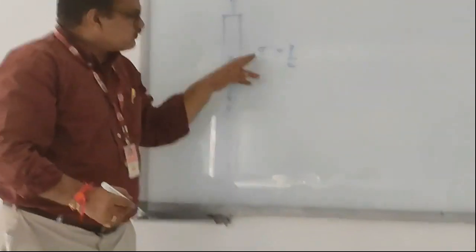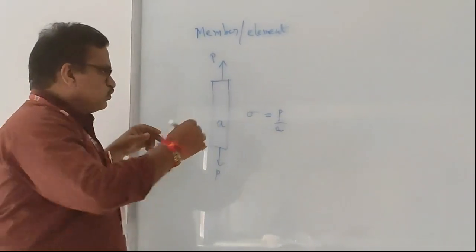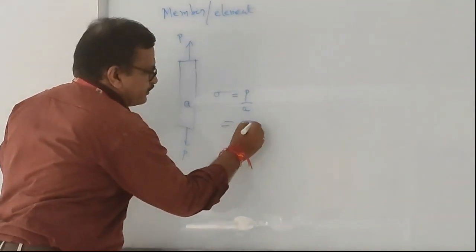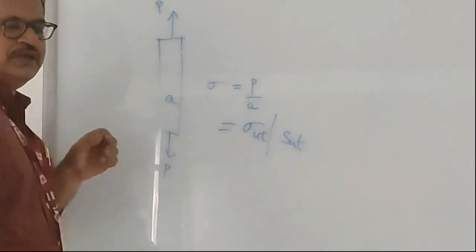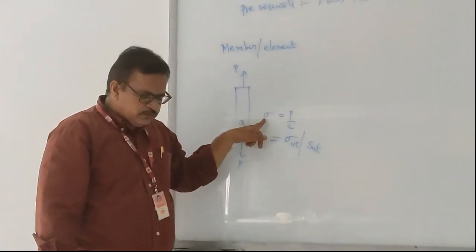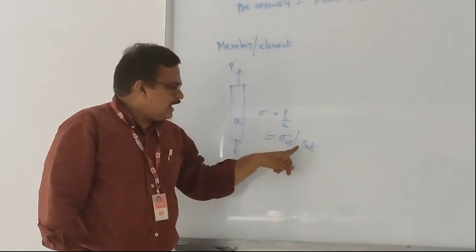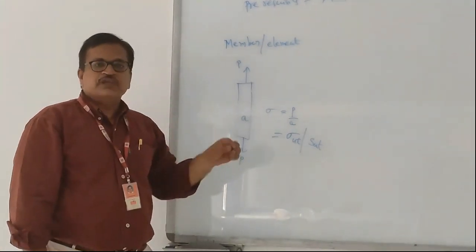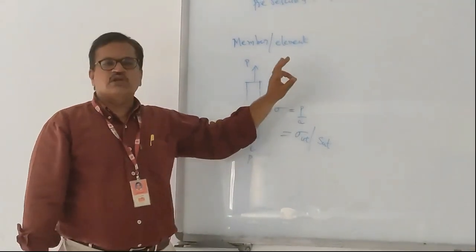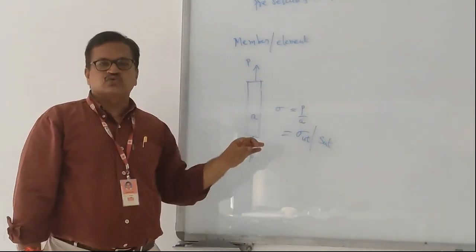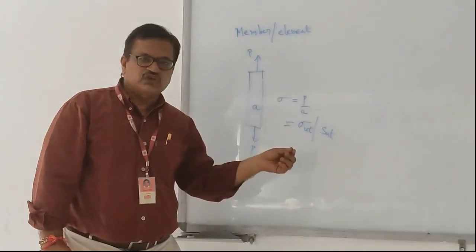If the stress developed in the member, or induced stress, is equal to the ultimate stress sigma ut, or in some other books SUT, then it is the condition of failure. That means this is the maximum amount of load the member is going to have, or this is the minimum amount of cross section the member is going to have.